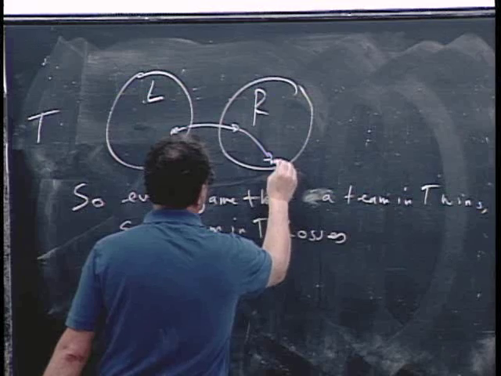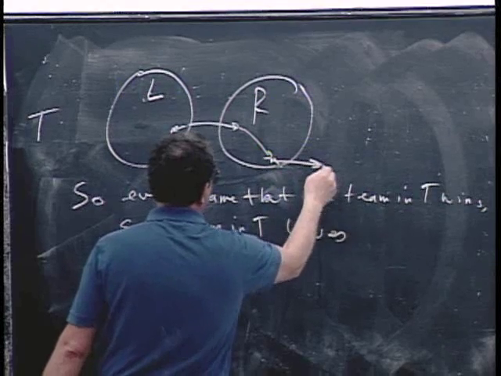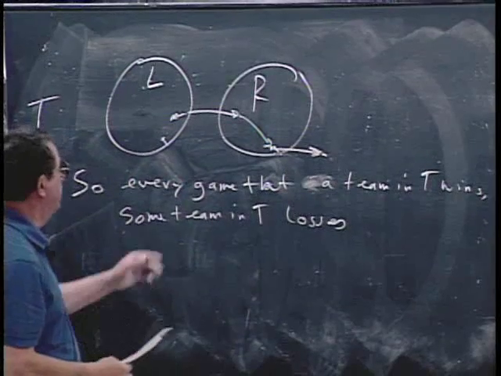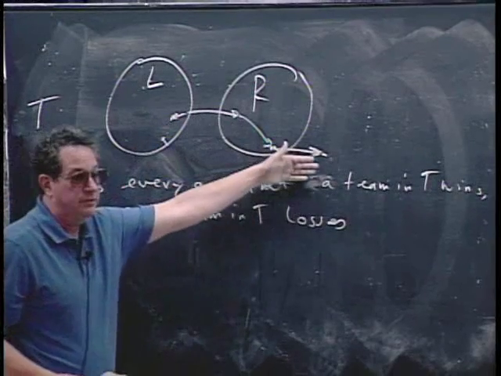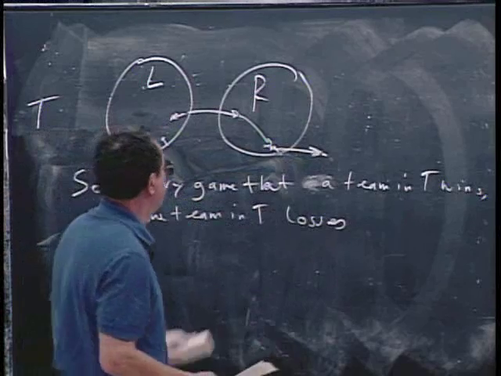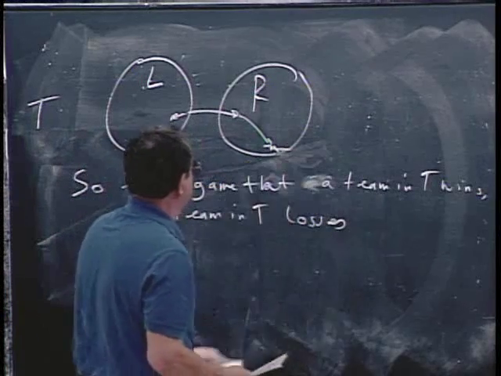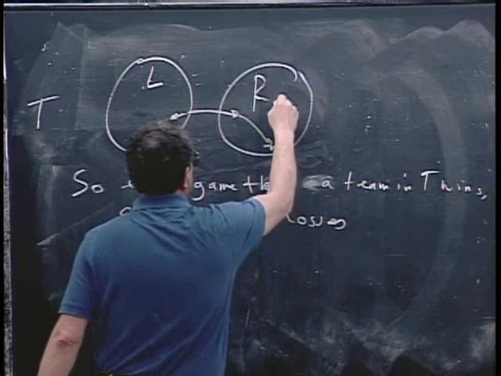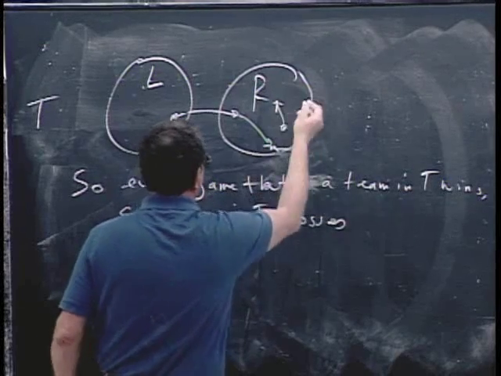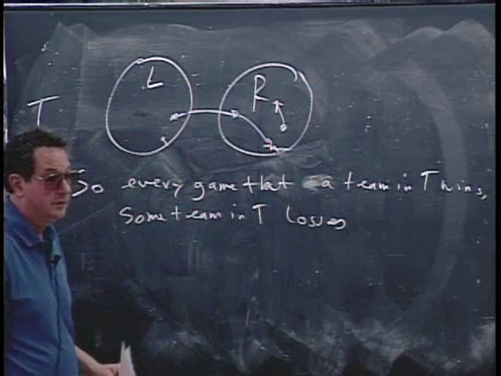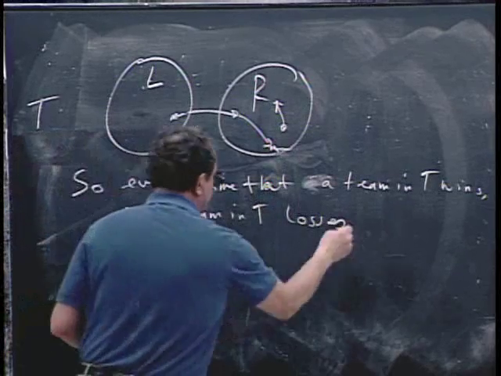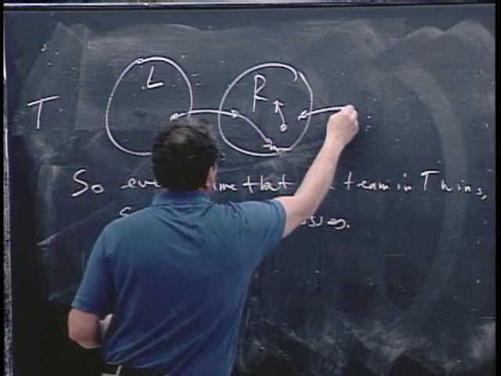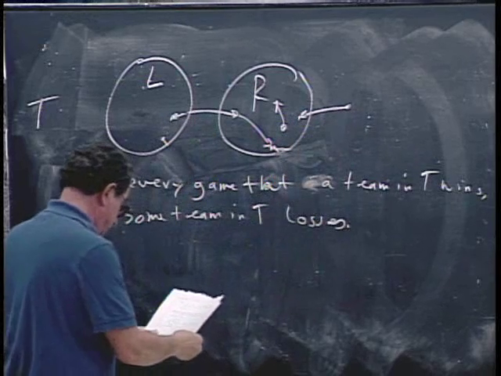Because again, if the game that they win is against a team that's outside of T, that contradicts the definition of T. So every time a team in T actually wins a game, it's winning from a team that's also in T. All right? Okay. Now there can be games like this where it's losing to somebody outside. That's certainly possible.